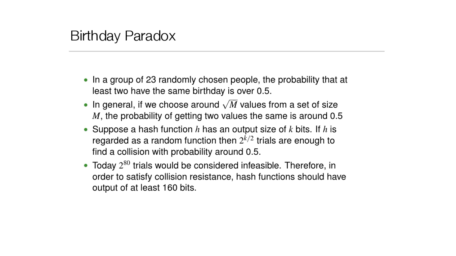So in order to satisfy collision resistance, a hash function should have an output of at least 160 bits. If you have a 160-bit message digest, we can say collision resistance holds, because to find a collision it is needed to do 2 to the power 80 trials. It is infeasible according to the computational power we have at the moment. It's kind of a brute force of 80 bits.